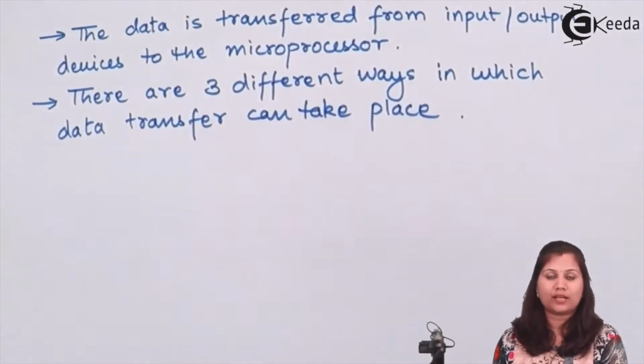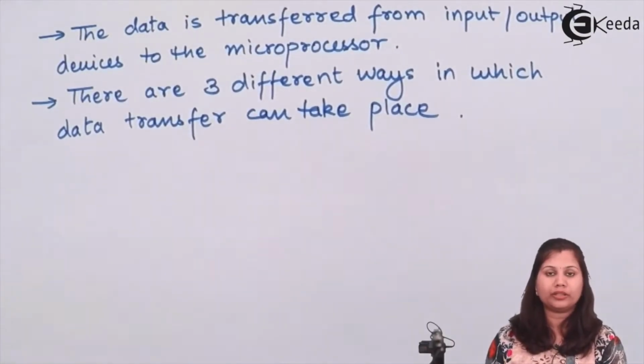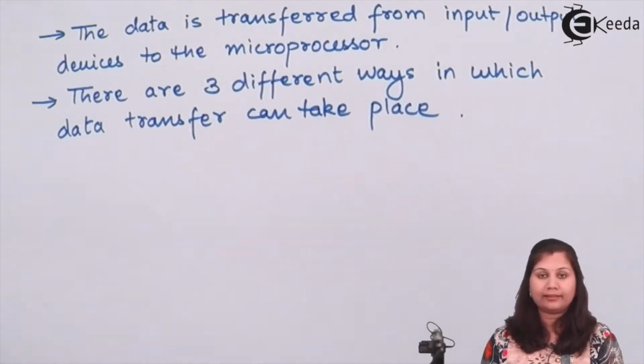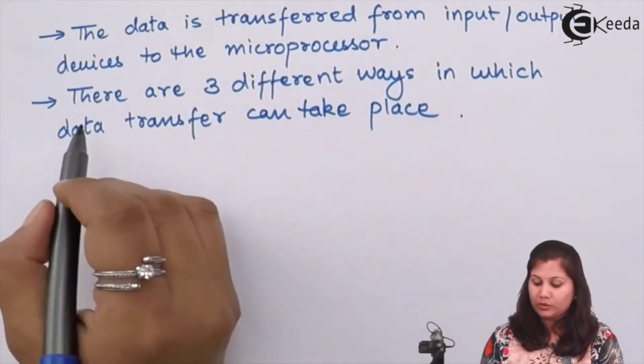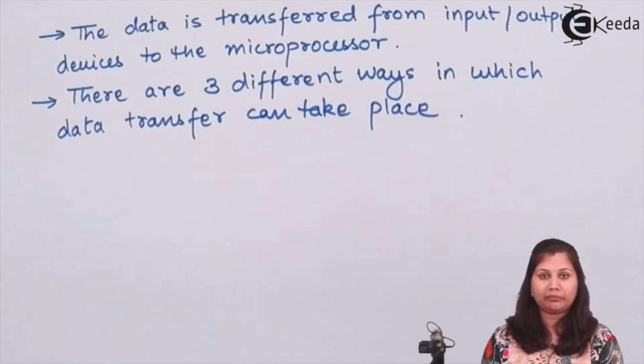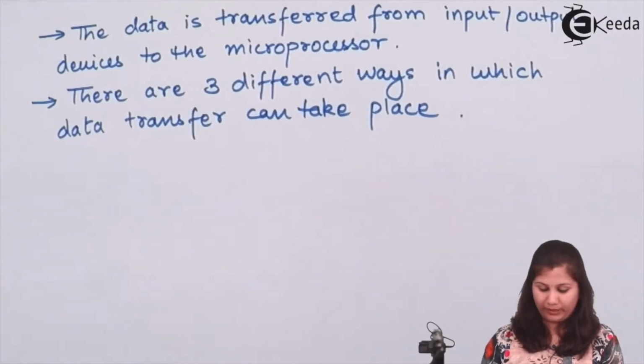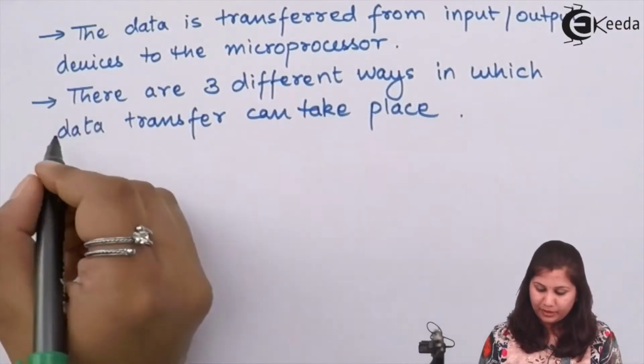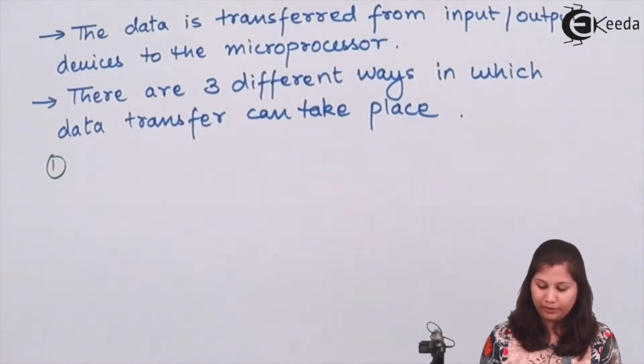So the data is transferred from or to the input output devices and the microprocessor. Now this data transfer can be done in three different ways. These are program controlled input output.